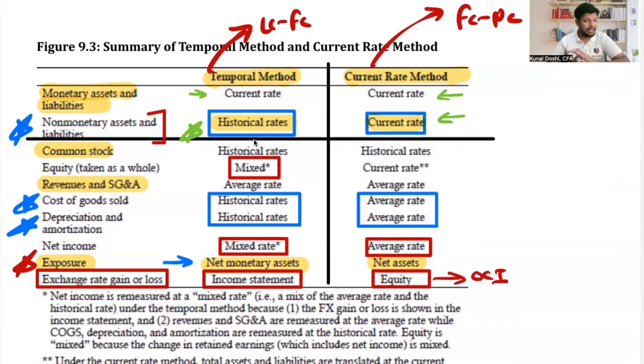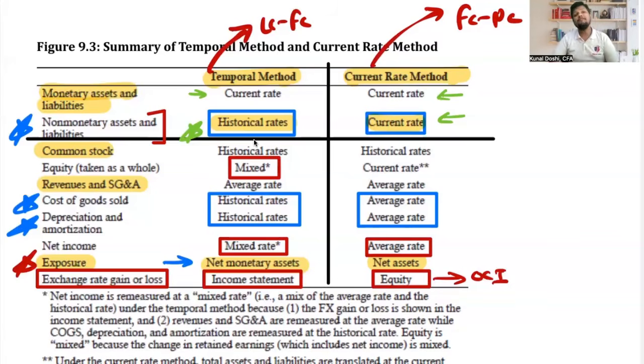Under the current rate method, isn't it? Because under the current rate method, the assets, especially the non-monetary assets, are at the current rate, that is today, compared to temporal, which is at the historical rate. So the difference is only due to the non-monetary assets and liabilities.